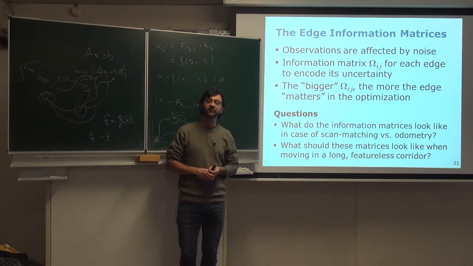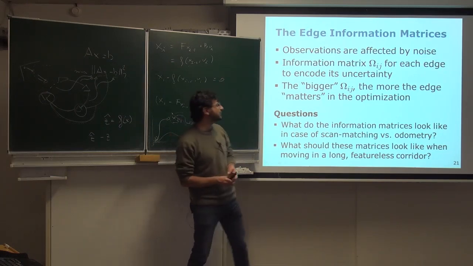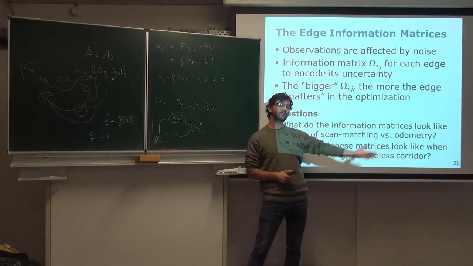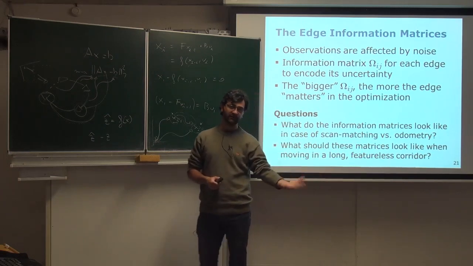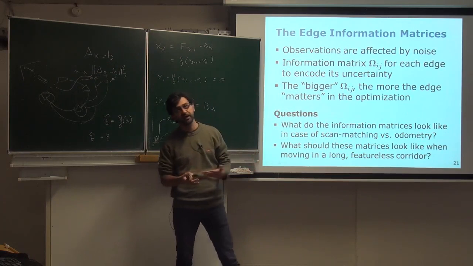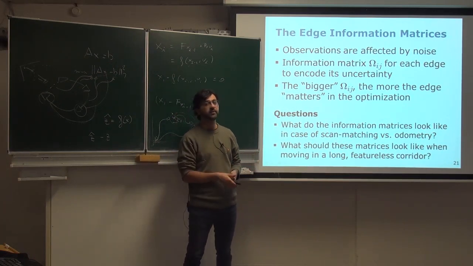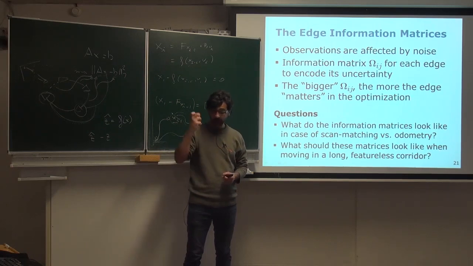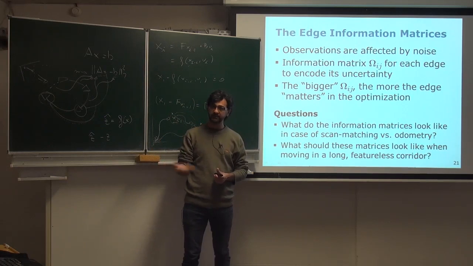Only 1. Okay. So in general, we can say that the more precise sensor will have a bigger information matrix. So if we use a laser scanner versus an imprecise encoder, we'll probably have the scan matching information matrix way bigger than the odometry information matrix.